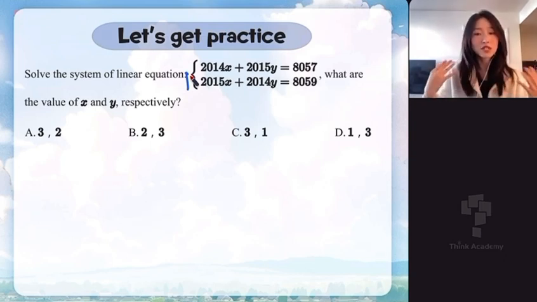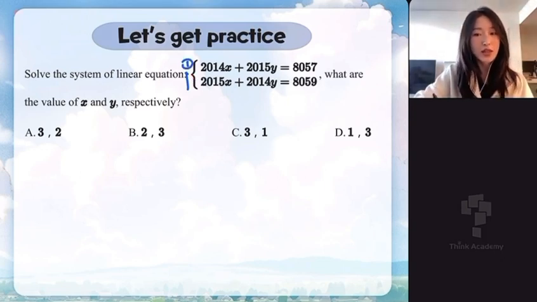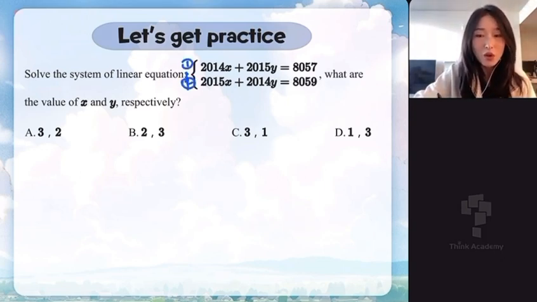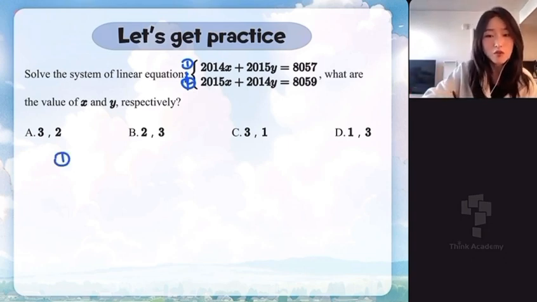When we are working with a symmetrical system of equations, we can always add those two together. For example, we have this as 1 and 2. If we add 1 and 2 together, we are going to arrive at the same coefficients for the two different variables. For example, we have 1 plus 2.